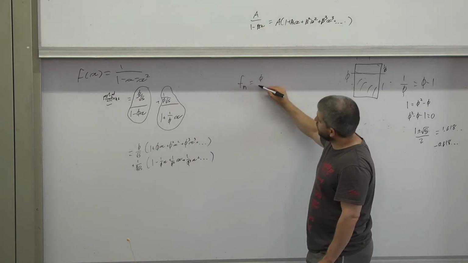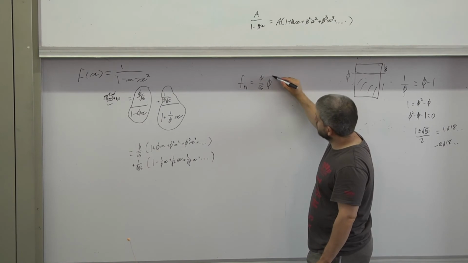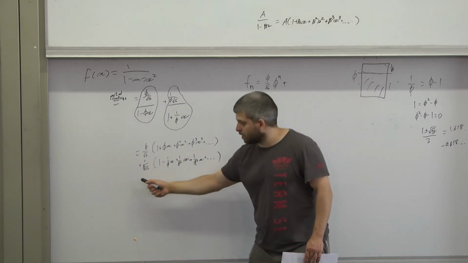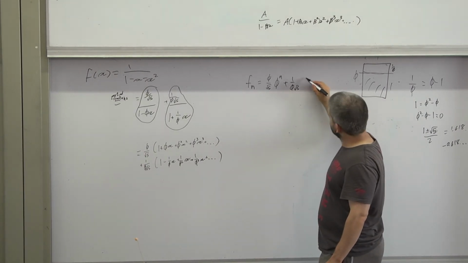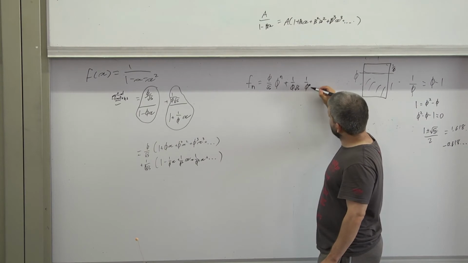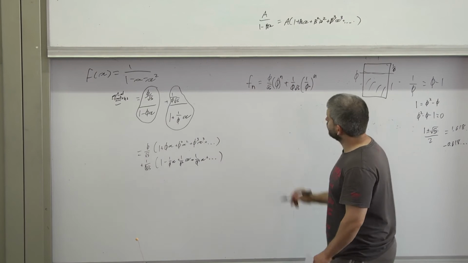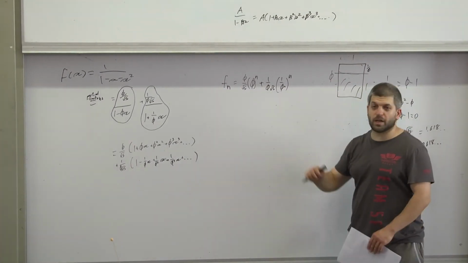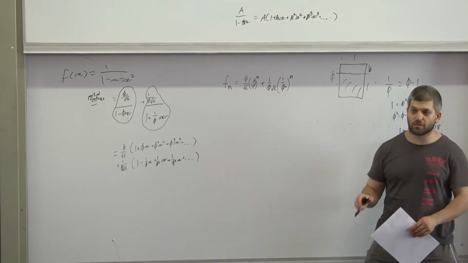It's phi over root 5 times phi to the n. And there's also a term coming from here, which is 1 over phi root 5 times 1 over phi to the n. Okay? And this gives us an exact formula for the nth Fibonacci number, which follows from the recurrence.